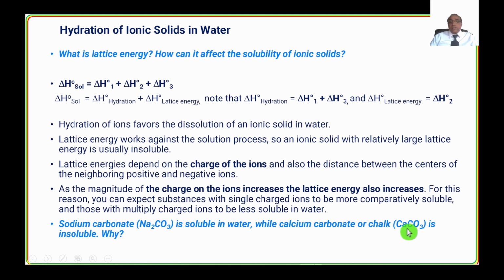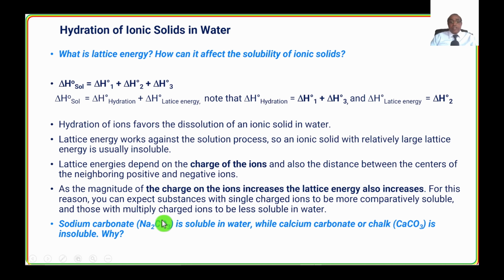This is related to the lattice energy. Calcium carbonate has large lattice energy, but sodium carbonate has low lattice energy. This is related to the charge of the ions, right? The charge of sodium ion is +1, calcium is +2. So if you go from +1 to +2, the lattice energy increases and solubility decreases.